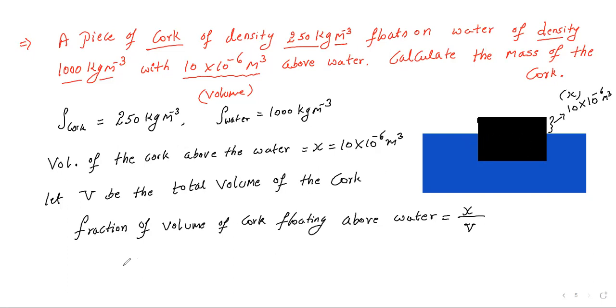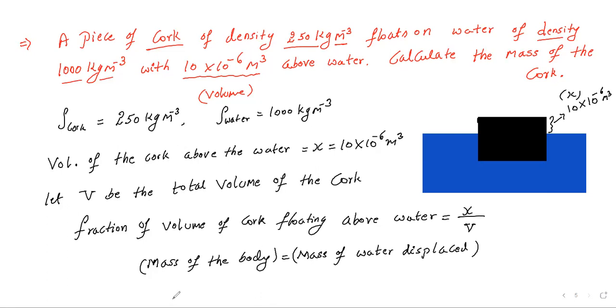So the mass of the body is equal to the mass of the water displaced. Mass of the body means what? Mass of the cork. And the mass of the water displaced. So these two things.